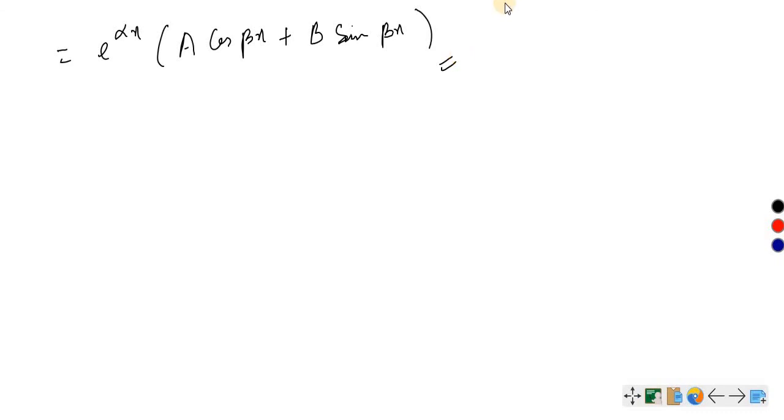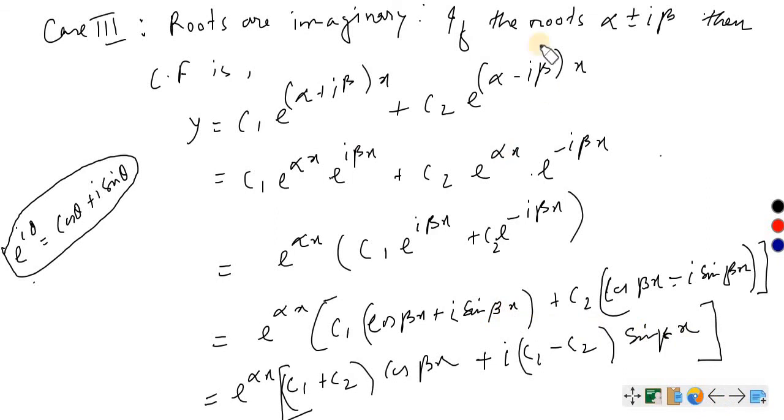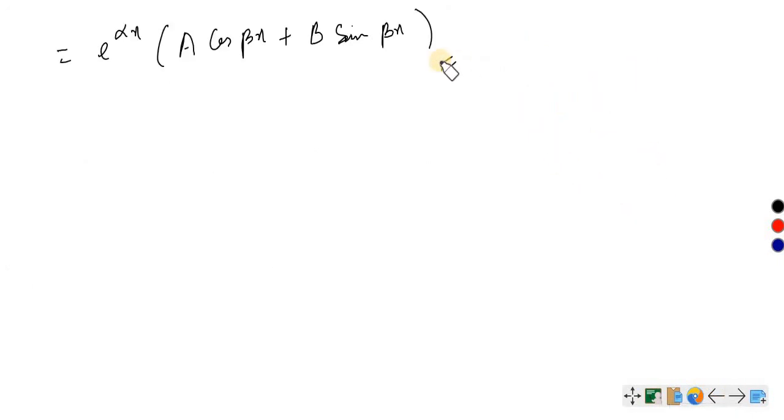So this is another form of the complementary function. So you can write the complementary function in this way or in this way. So these are the two ways. Both forms are correct, and according to the need we write.